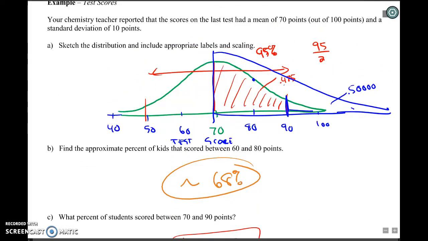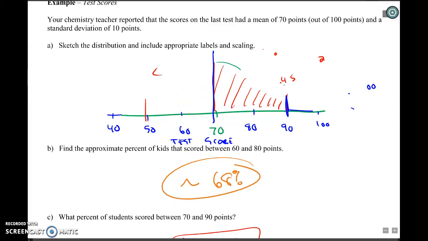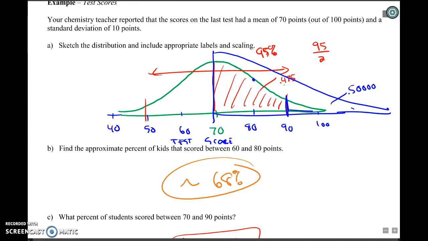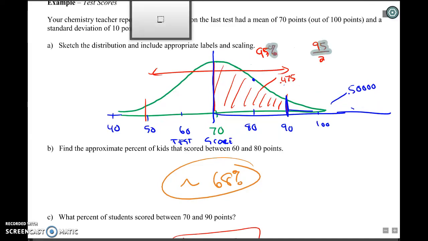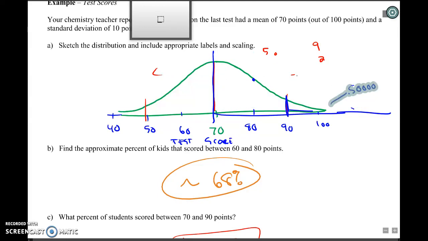Another way to look at it is, let me start fresh here and show you another way. Just wanted to erase some things here. What I just said was right. It wasn't incorrect, but this is maybe a better way to look at it.